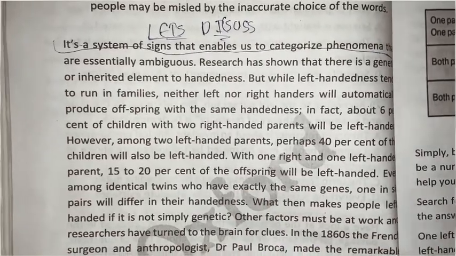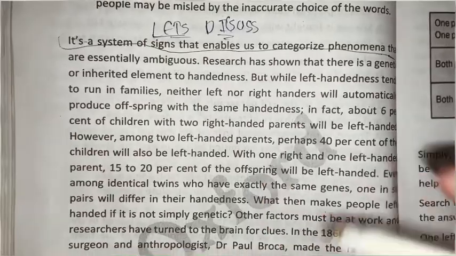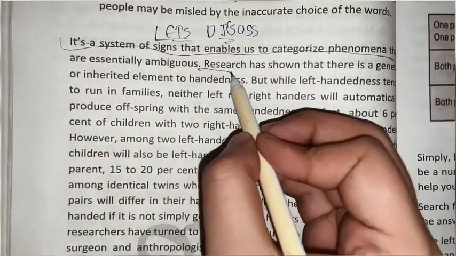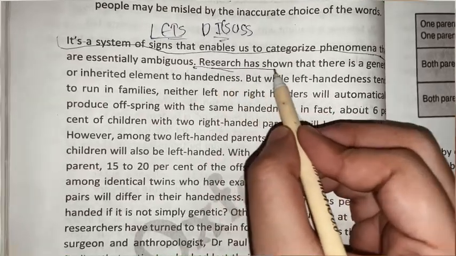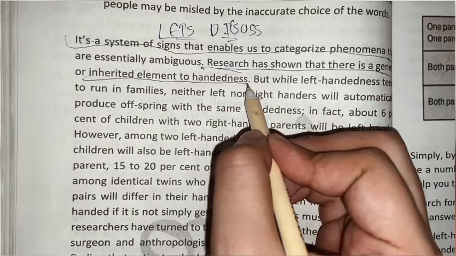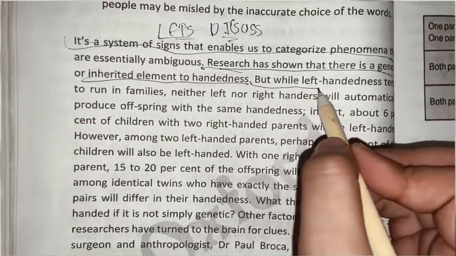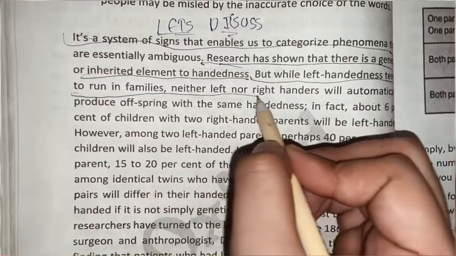Research has shown that there is a genetic or inherited element to handedness, but while left-handedness tends to run in families, neither left nor right-handers will automatically produce offspring with the same handedness. In fact, about 6% of the children of two right-handed parents will be left-handed.